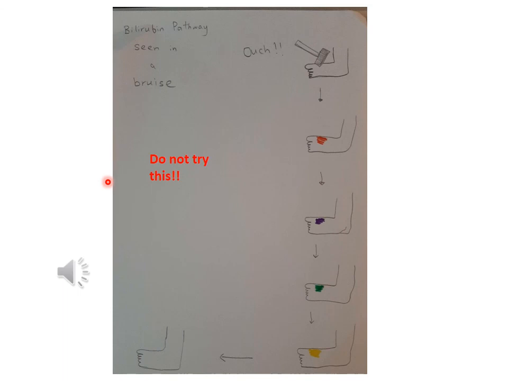First day it's red due to RBC, second day it's violet, after few days it's green, after few days it's yellow, and then it disappears. This is due to the breakdown of RBCs in the subcutaneous macrophages. So the same process takes place in the liver macrophages whenever RBCs become 120 days old.